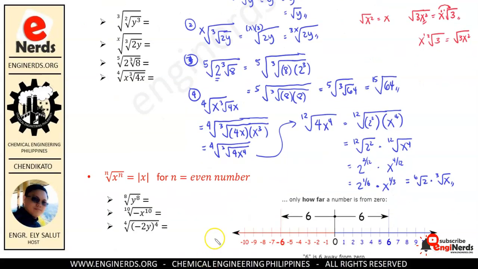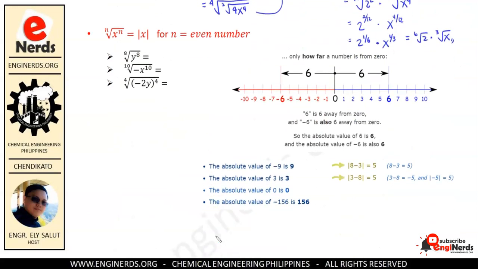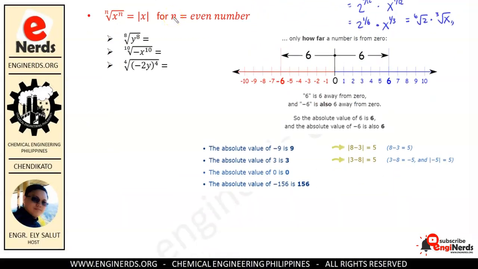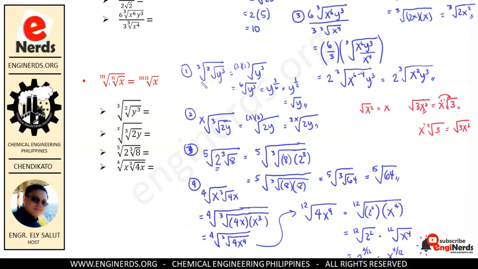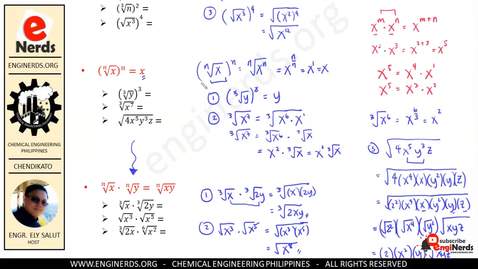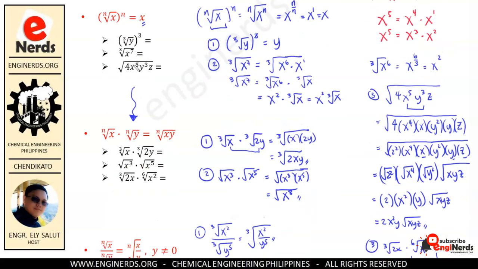Now, let us go to the next property. Well, kanina, nakita natin sa ating property ito, no? So, if we have an index that is equal to the exponent, okay, ng ating radicand, this will just be cancelled out, no? And this will be equal to x. Now, we will dive deeper on this one, no?